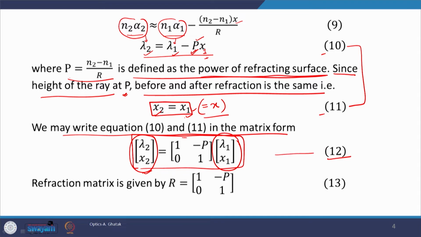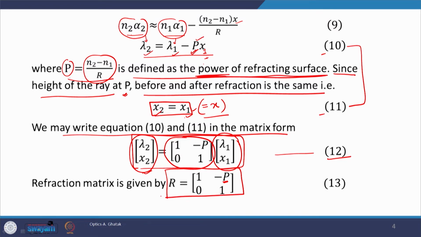Now, this matrix, which is a 2 by 2 matrix, is called the refraction matrix. Always remember this P is the power of the refracting surface. Whenever it is coming in the form of a matrix, it is the power of the refracting surface. Thus, we have a matrix for refraction, which is called refraction matrix.